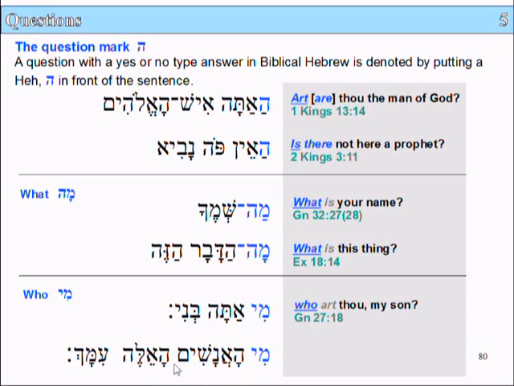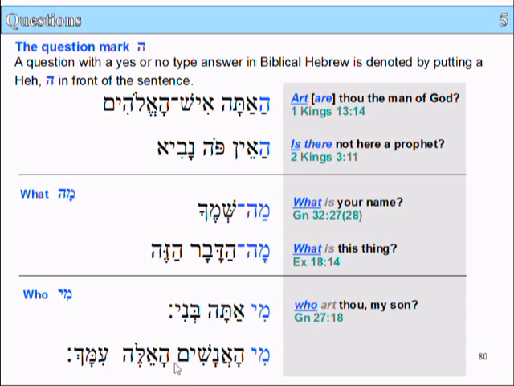Remember, if we say the word these, we have to have the same definite article there. It has to agree in definiteness, that's how we say it. So if it says on the noun, ha, which means the, then the corresponding demonstrative has to have a hey on it.